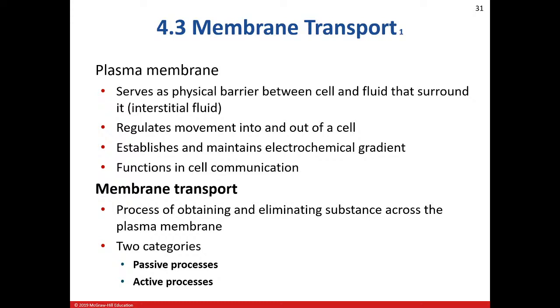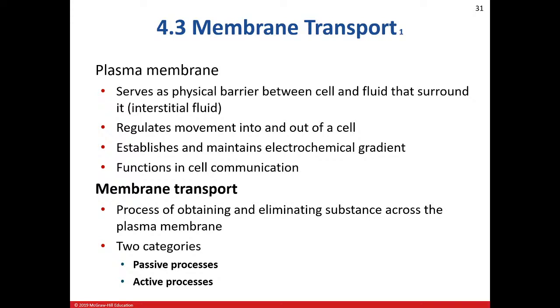All right. The membrane is also important in cell communication, communication with other cells. We communicate with the immune system. Hey, it's me, don't attack me, or hey, I'm sick, do attack me. Membrane transport is the process of obtaining and eliminating substances across the plasma membrane.